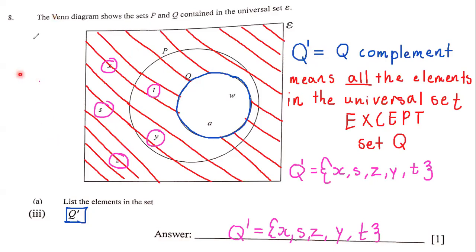Okay, so you mean with P union Q? Yes, but it has the little dash on it. We haven't done this one.